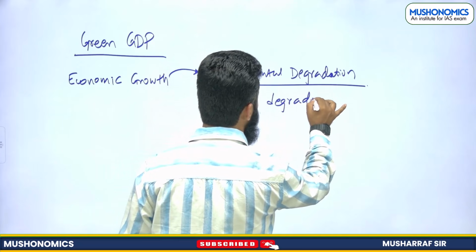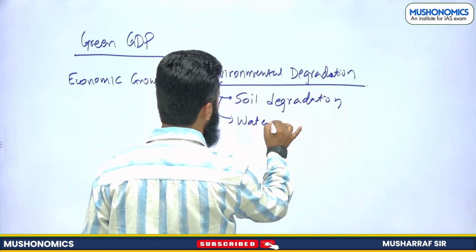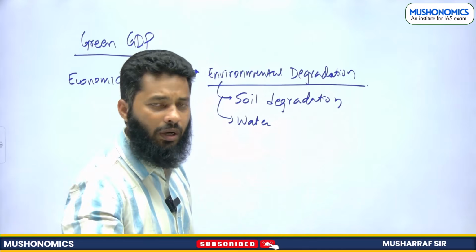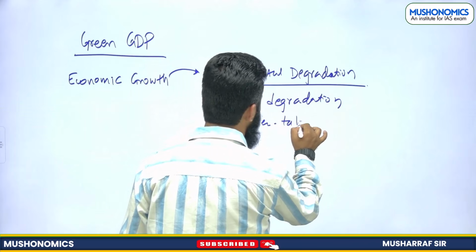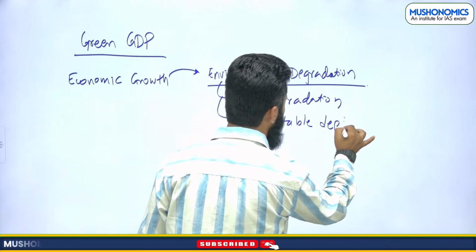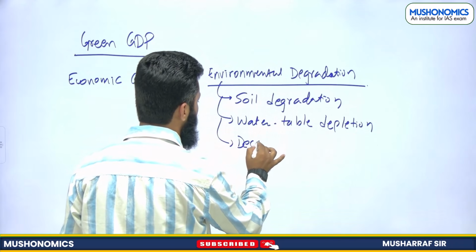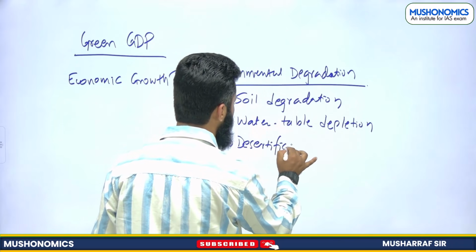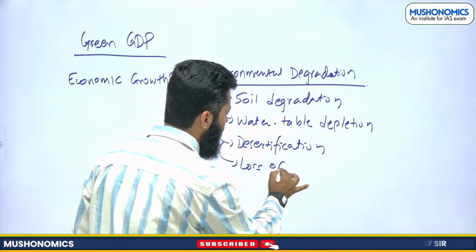Water depletion, or water table depletion. Groundwater is going down and down, so the water table is depleting. Or for example, desertification, or loss of biodiversity.